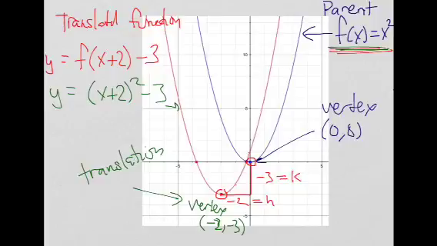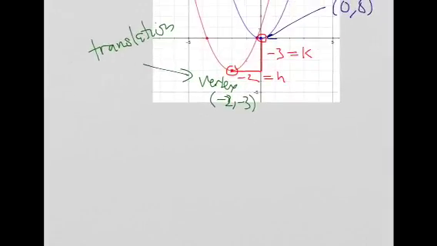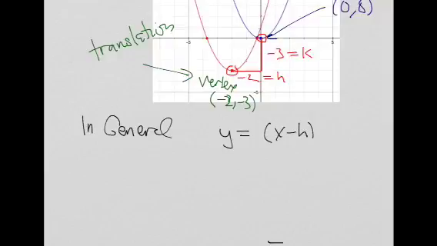So, if we take this a little bit more in general, let's do this. In general, if we look at this equation, y equals, and I'm going to write this as x minus h squared plus k, this is going to be a translated quadratic.